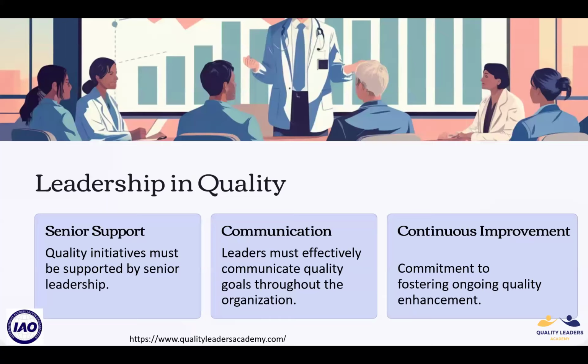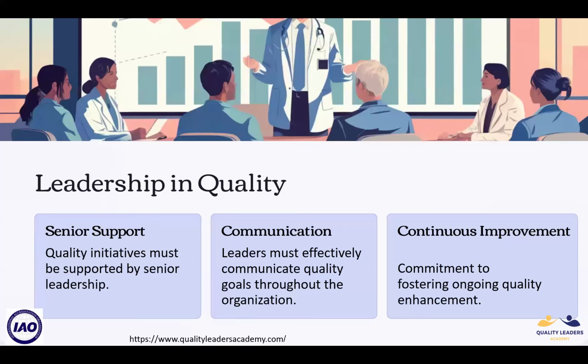So see, here leadership in quality, senior support. Quality initiatives must be supported by senior leadership. That's clear. As far as communication is concerned, leaders must effectively communicate quality goals throughout the organization. That's the responsibility of the leaders.